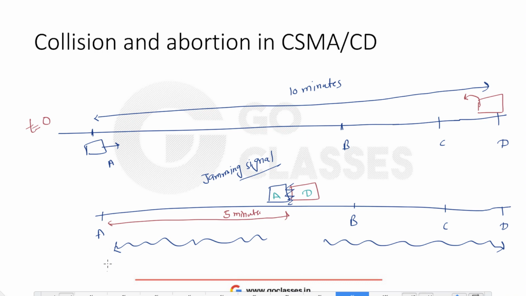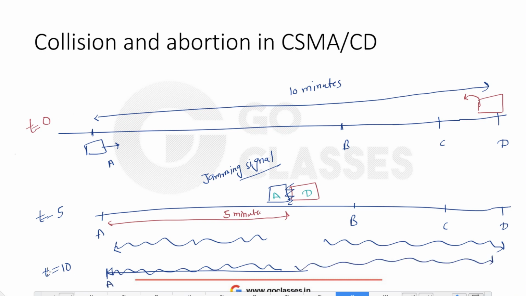So after another 5 minutes, the collision signal will reach back to A. This is at t equal to 5, and then at t equal to 10, which means the collision signal reaches back to A or to D. So after a total of 10 minutes from the start, A will get to know that there is a collision. Similarly, D will also get to know that there is a collision. So both of the stations will get to know that there is a collision after 10 minutes. I hope that is clear to everyone.